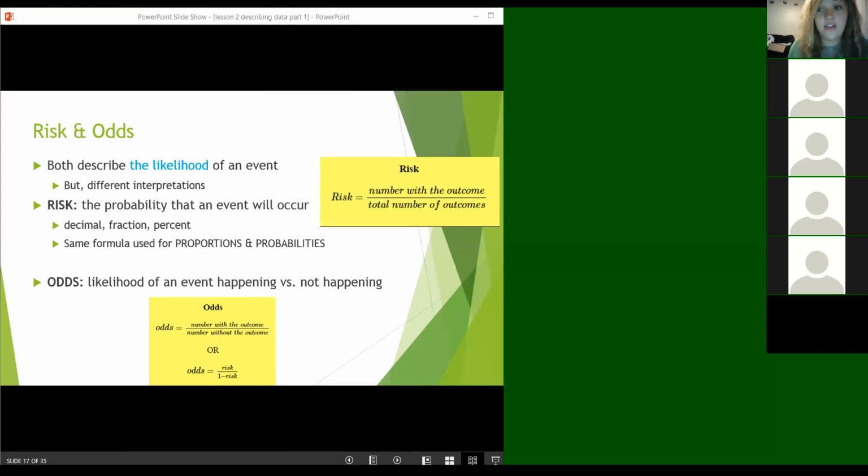In risk, the denominator of the fraction is the total number of outcomes, and in odds, it is the number without the outcome. That's how we add that last part in of not happening. So those are our equations.